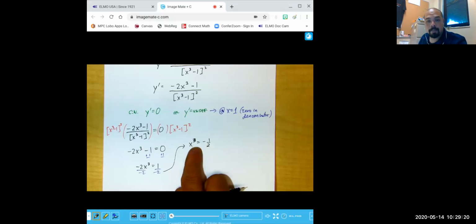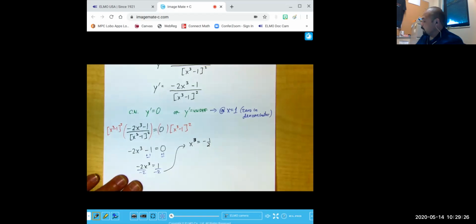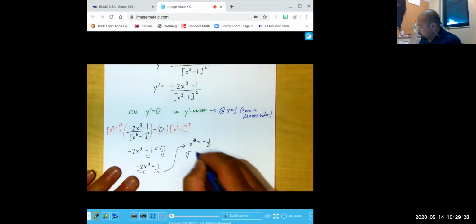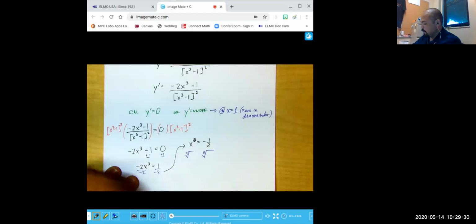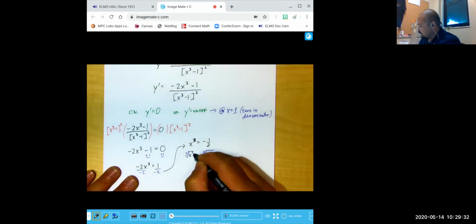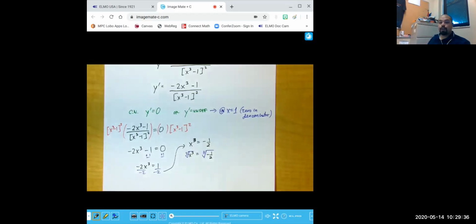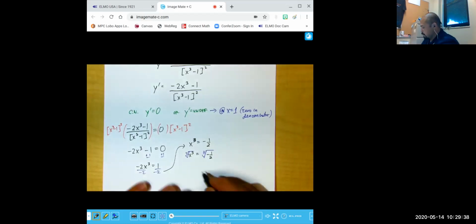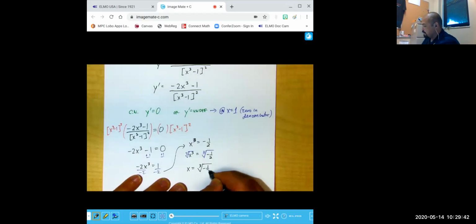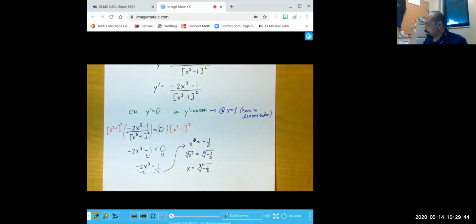But odd powers, odd degrees, they can have a negative result. So just finish these up, taking our cube root on both sides. We get, again, this kind of strange value, the cube root of negative 1/2. Okay?